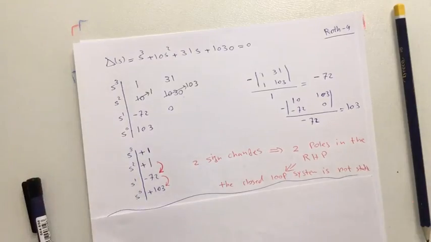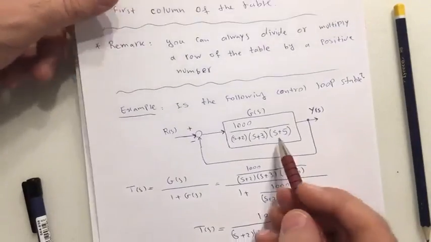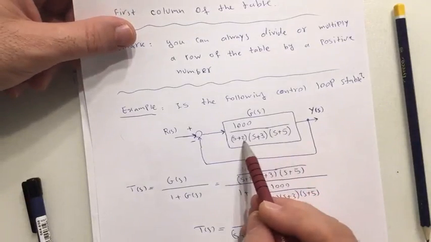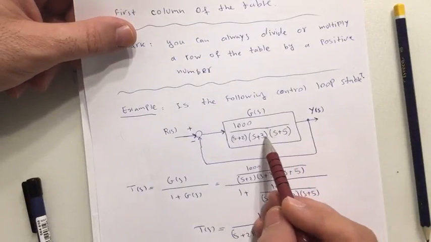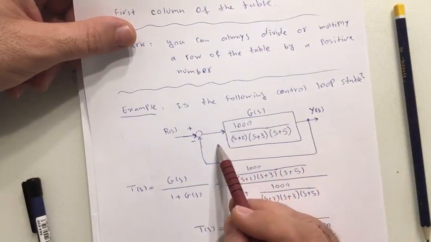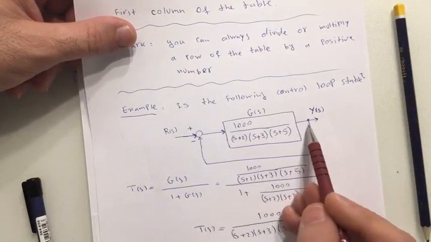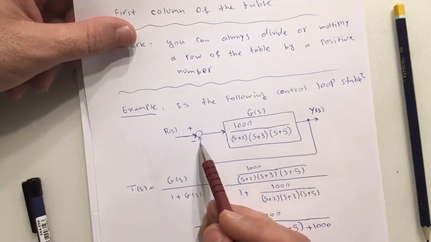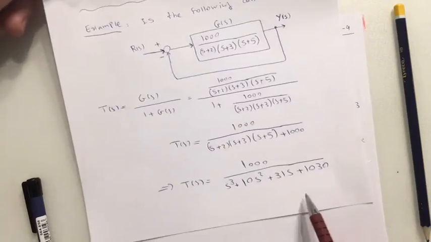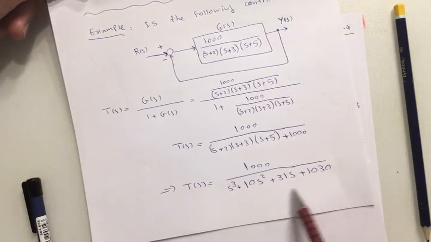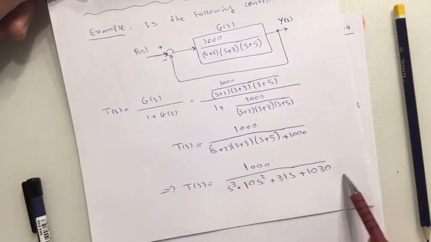Remember, we are talking about this system. We had this system, the open loop was stable because the open loop has 3 poles. All of the poles are in the left half plane, but by having just a feedback around that, we formed the closed loop system. That was the closed loop transfer function. Then we worked on the characteristic polynomial.